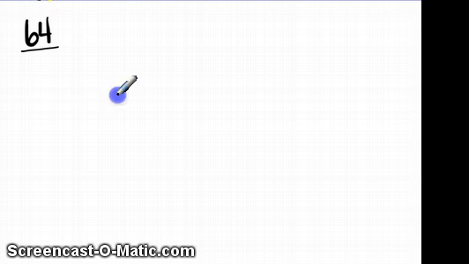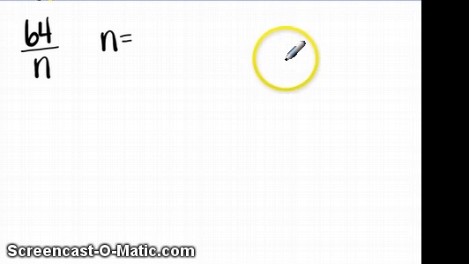Okay. Now, what happens if I have a division problem? Say for instance I have 64 divided by n. And they tell me that n equals 16.